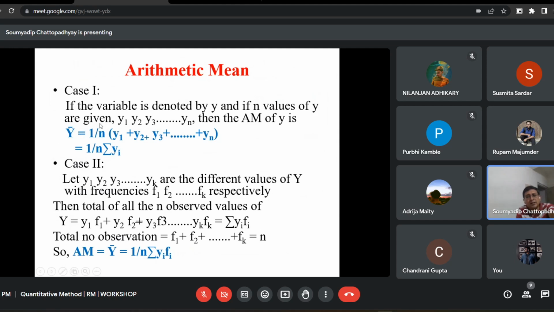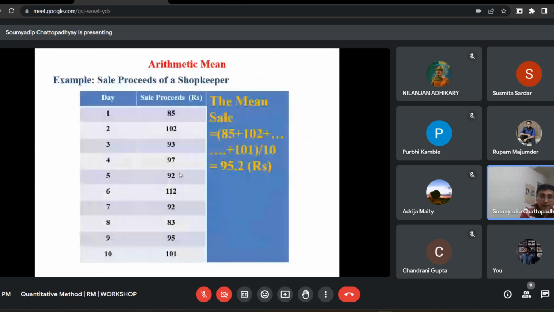For example, suppose you have information on the income of 100 people, so your n is 100, and y1 means the income of the first person, y2 the income of the second person, y3 the income of the third person, and yn the income of the 100th person. Then you can sum them and divide by the number of observations to get the arithmetic mean. This is one typical example of how the mean is calculated.